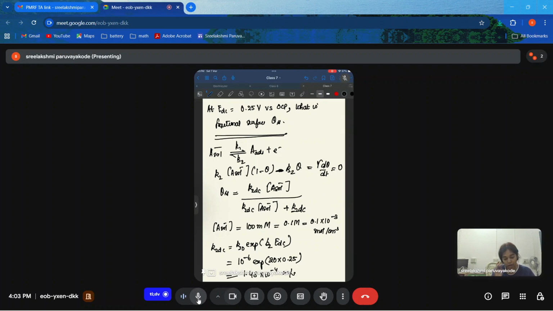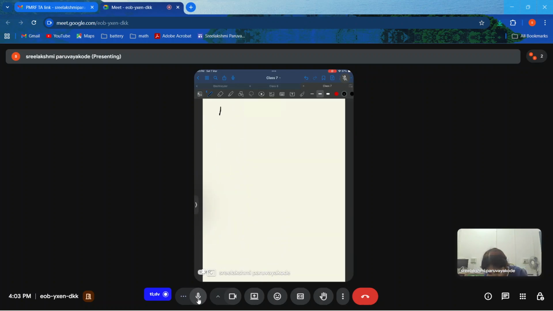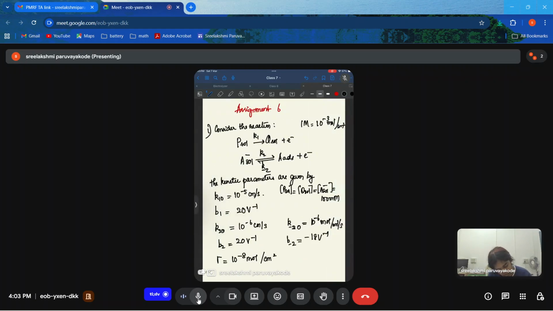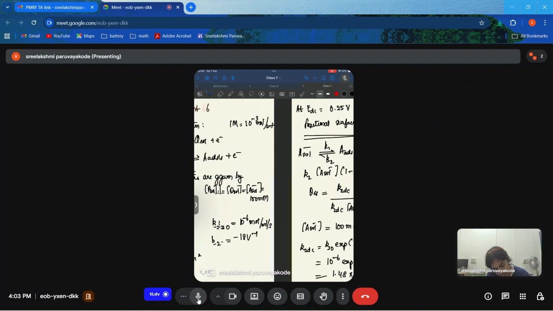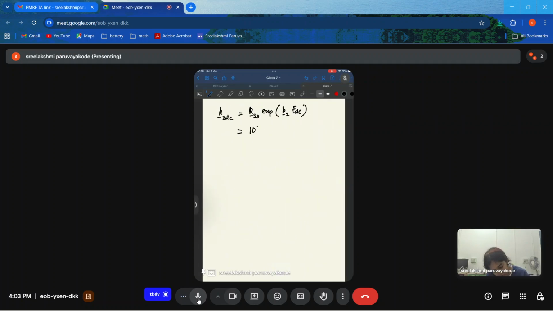Now same way K minus 2 DC we'll find out. That is K minus 20 exponential of B minus 2 EDC. K minus 20 is 10 to the power minus 6 exponential B to the power minus 2. B minus 2 is minus 18.25.